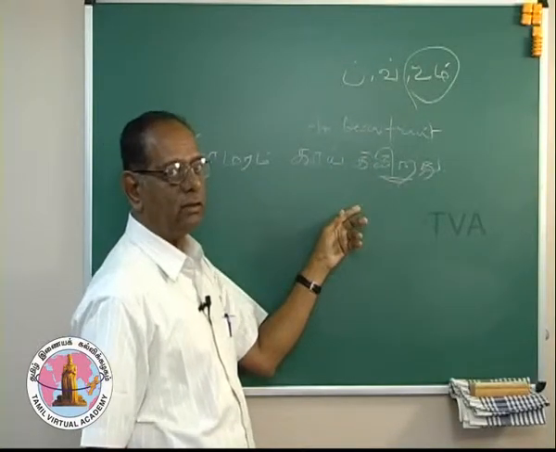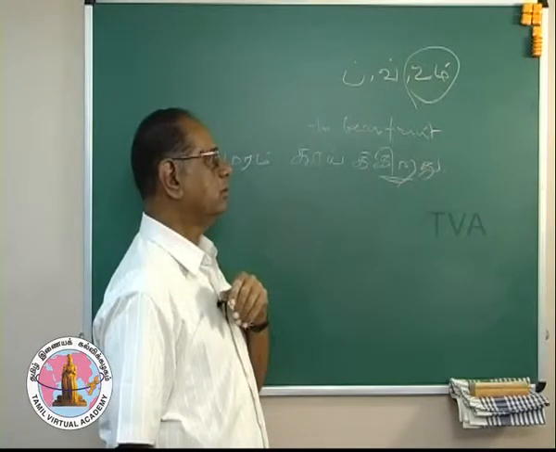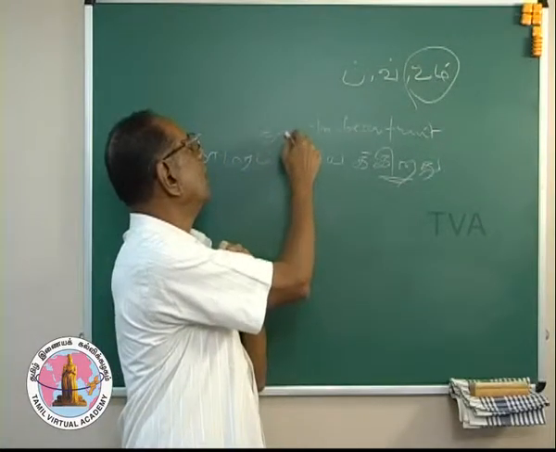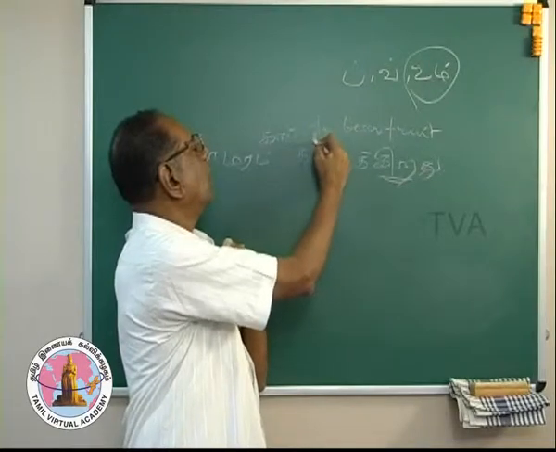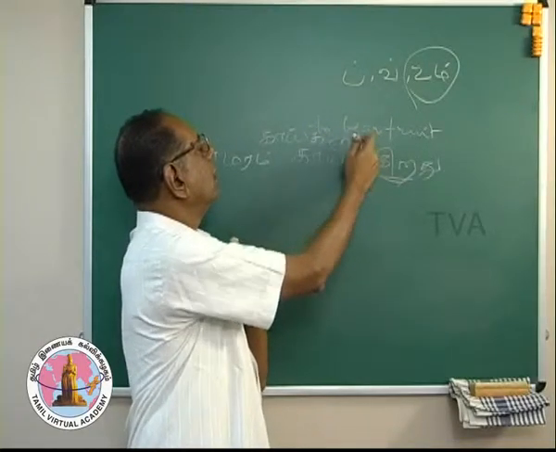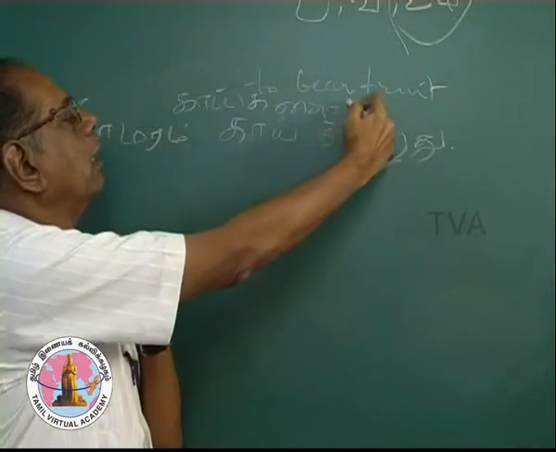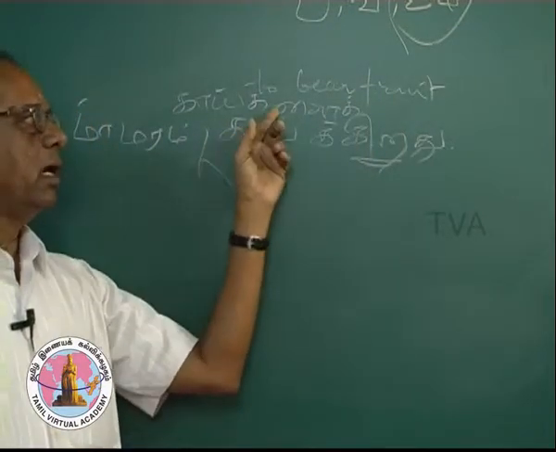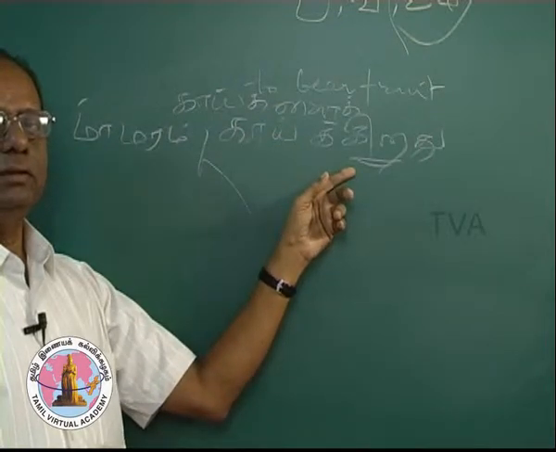So this is transitive. மாமரம் காய்களை காய்க்கிறது.